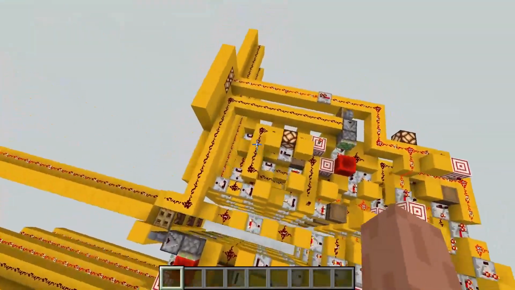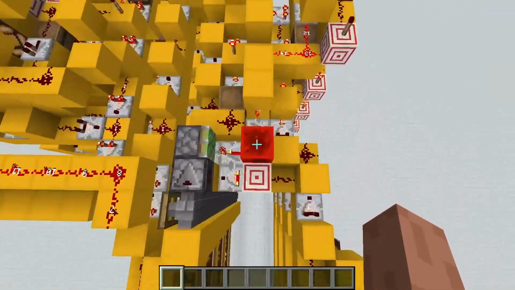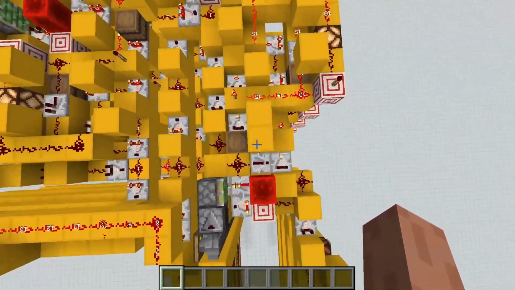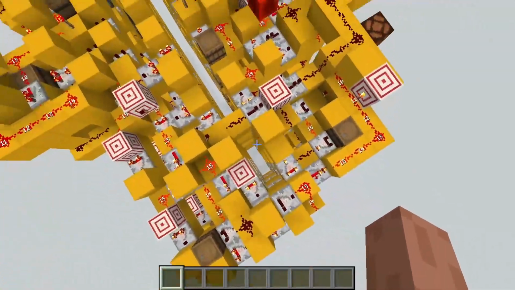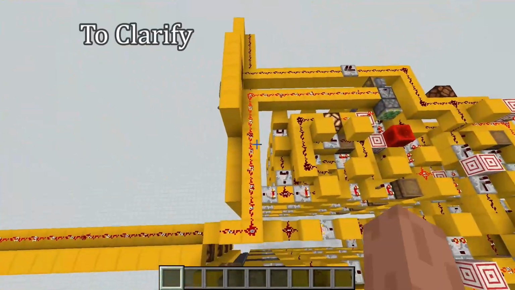But if we switch this to addition, these blocks will shift and the input will instead go through the complement on the input A, and then it will go through the subtractor, and then the result will also be complemented before it's outputted.